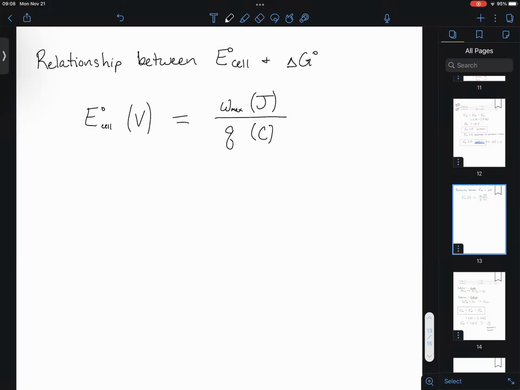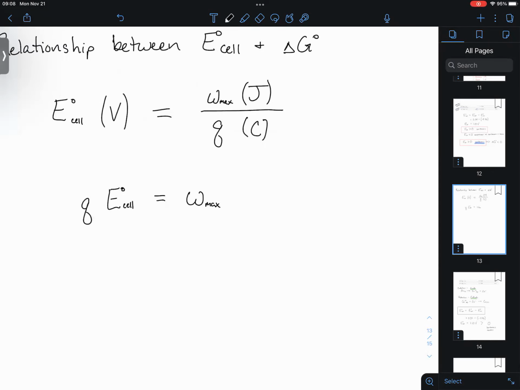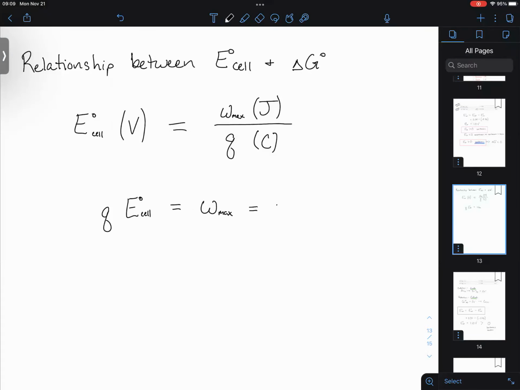Okay, and so we're going to use Q for the charge of those electrons. All right. And so then if we rearrange this, we would get that the E naught of our cell times Q is equal to the maximum amount of work that this battery could perform. Okay. And if we remember back to thermodynamics, that is the definition of what would actually be negative delta G naught.